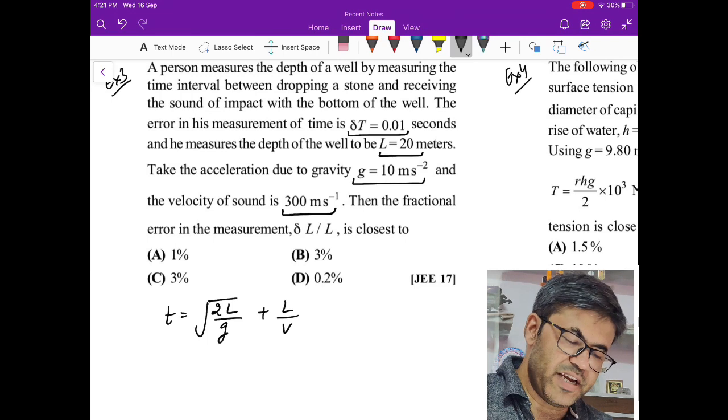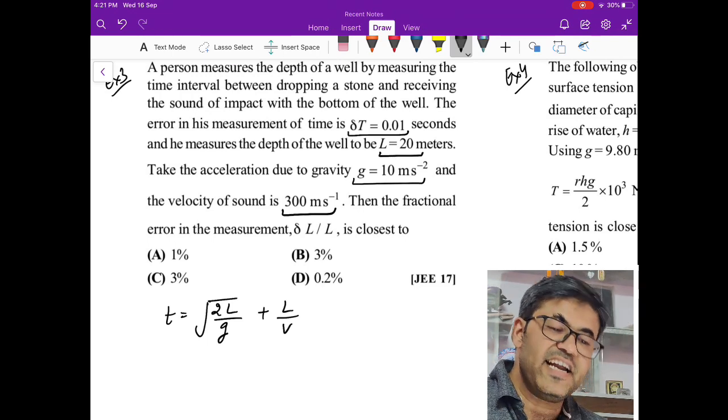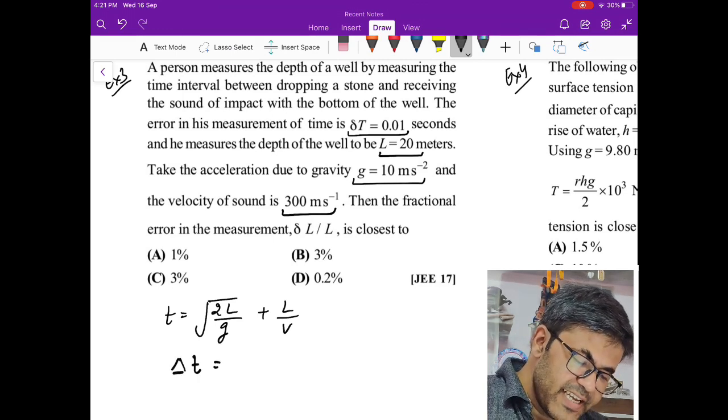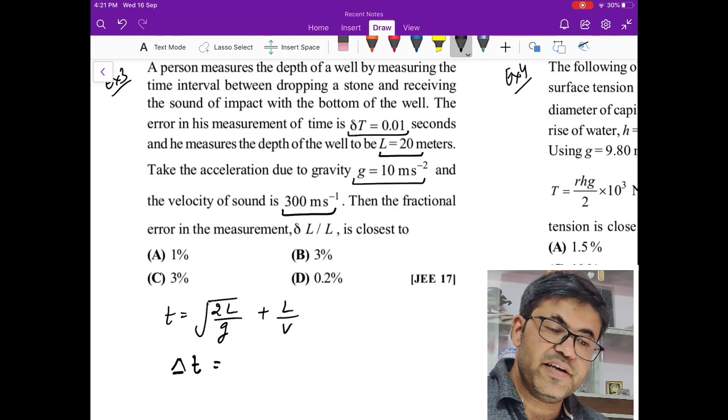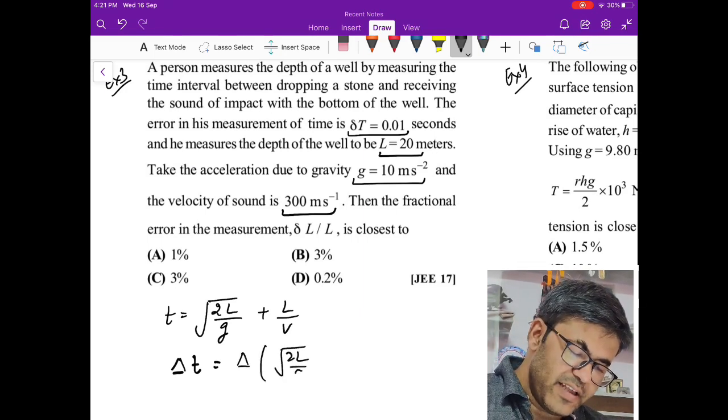So now here the measurement is in the length and you have to find delta t. I can say the error in measurement of time period, delta t, would be the error in root 2L by g plus the error in L by v, because whenever you add, you add absolute errors.